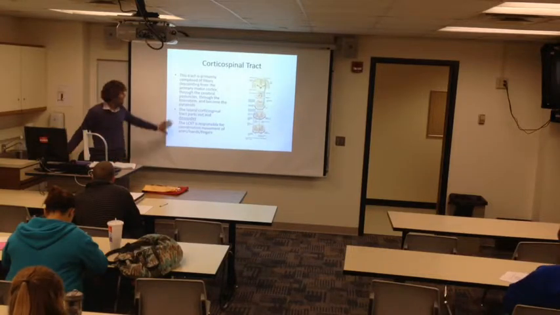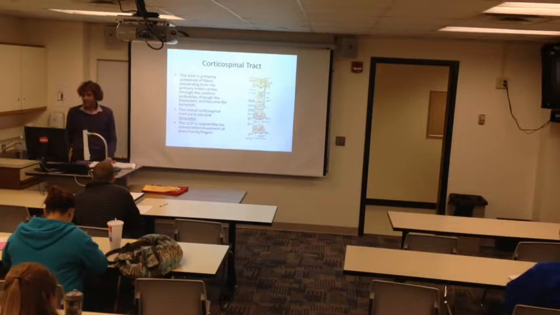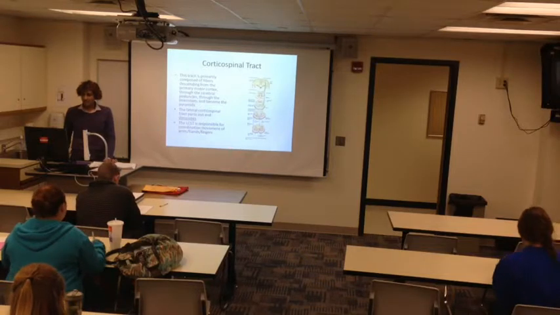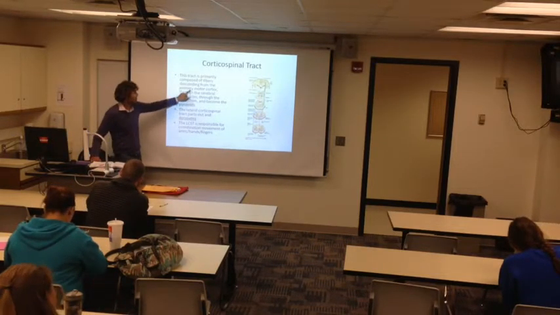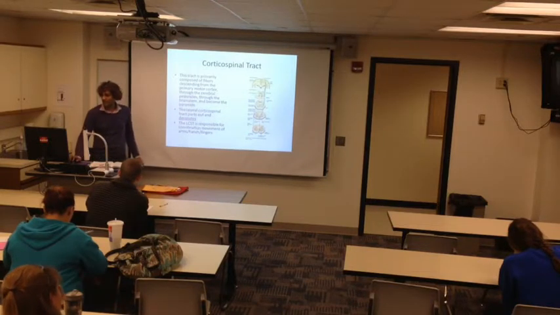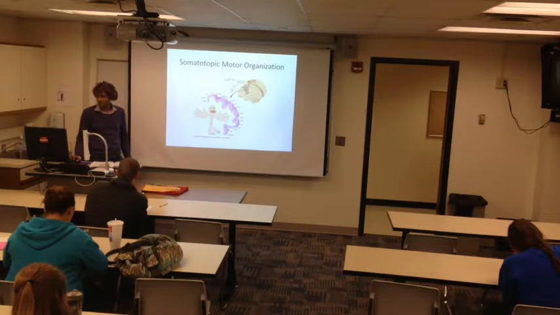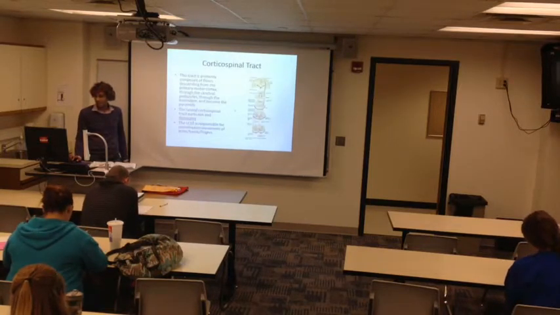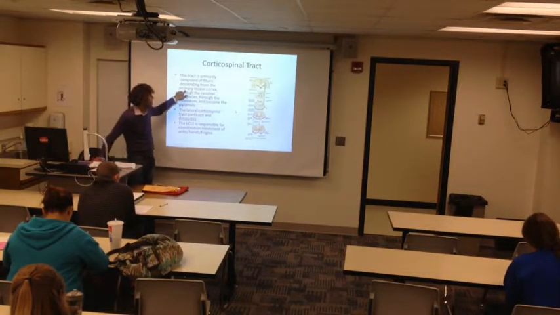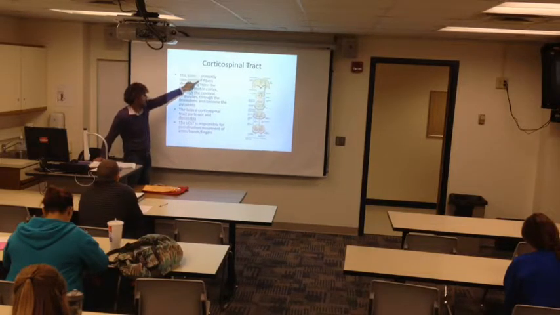So the corticospinal tract is the most important of these tracts. And this tract is primarily composed of fibers that descend from the primary motor cortex. That was this, right? Primary motor cortex, the precentral gyrus. Those descending fibers form the corticospinal tract.